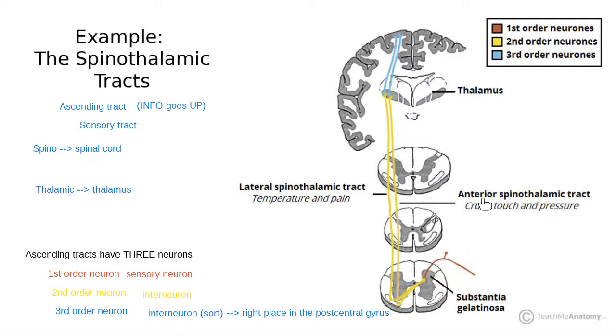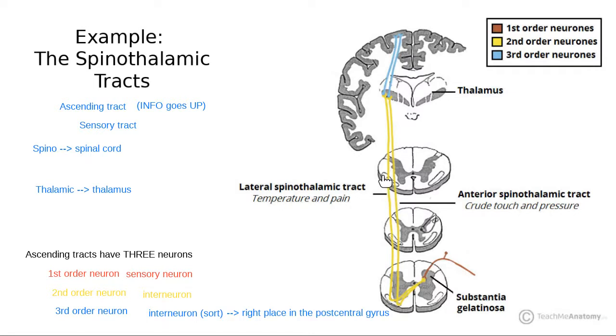Exactly. Anterior means toward the front. Notice that I have the anterior spinothalamic tract. It's found toward the front of the spinal cord. I also have the lateral spinothalamic tract. What did that word lateral mean again? What's lateral? Yeah, lateral means I'm more toward the side.